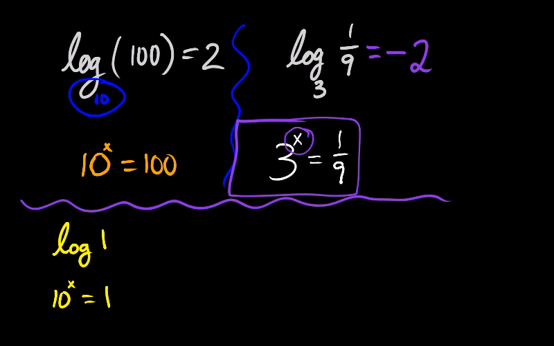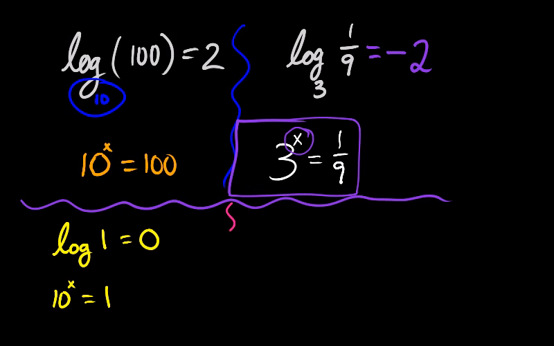And so if you think about what would the power be that would make 10 equal 1, the power is 0, right? The 10 to the 0 power would be 1, and actually anything to the 0 power is 1. So log base 2 of 1 would equal 0. Or log base 3 or 4 or 5. It doesn't matter what the base is. If 1 is inside the logarithm, then the answer will equal 0.